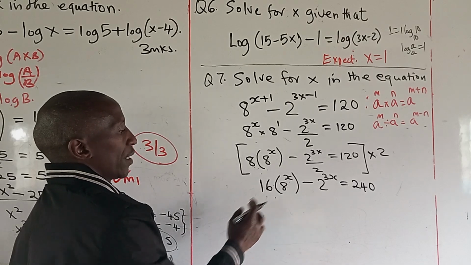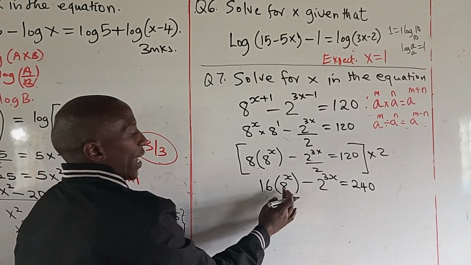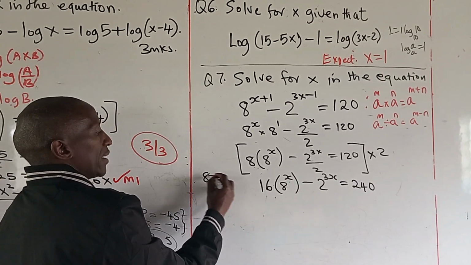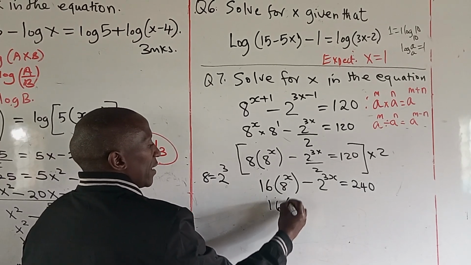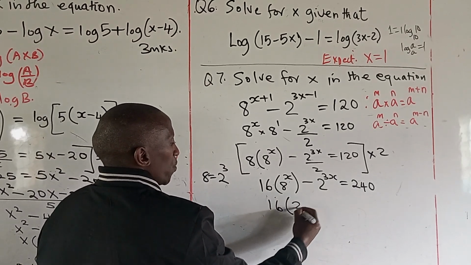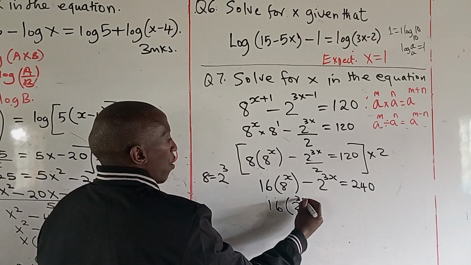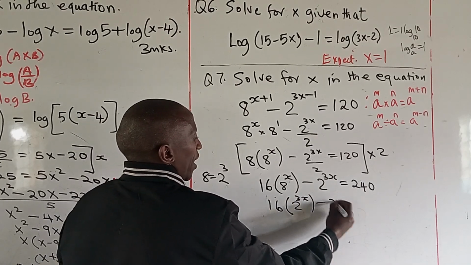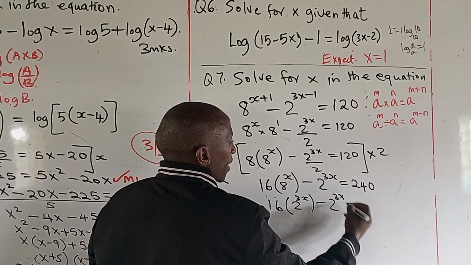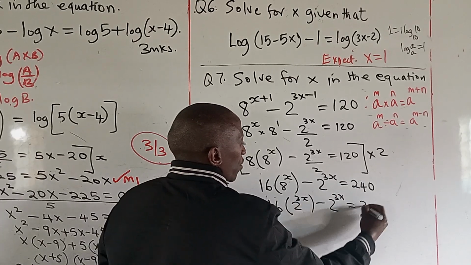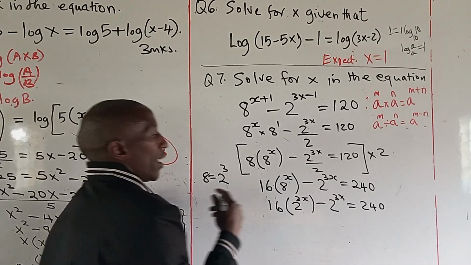At this point, we have base 2 and 8 is equivalent to 2 power 3. So this can be shown as 16 into 2 power 3 raised to power x, minus 2 raised to power 3x, is equal to 240.